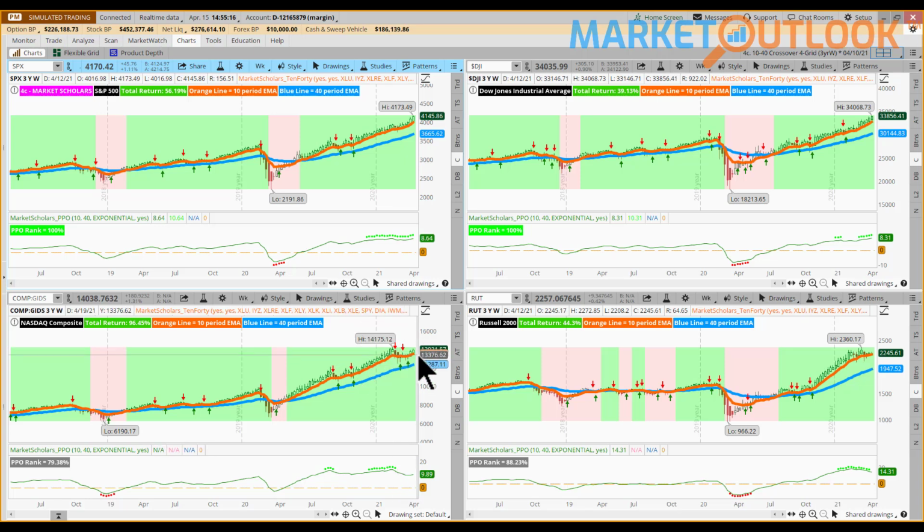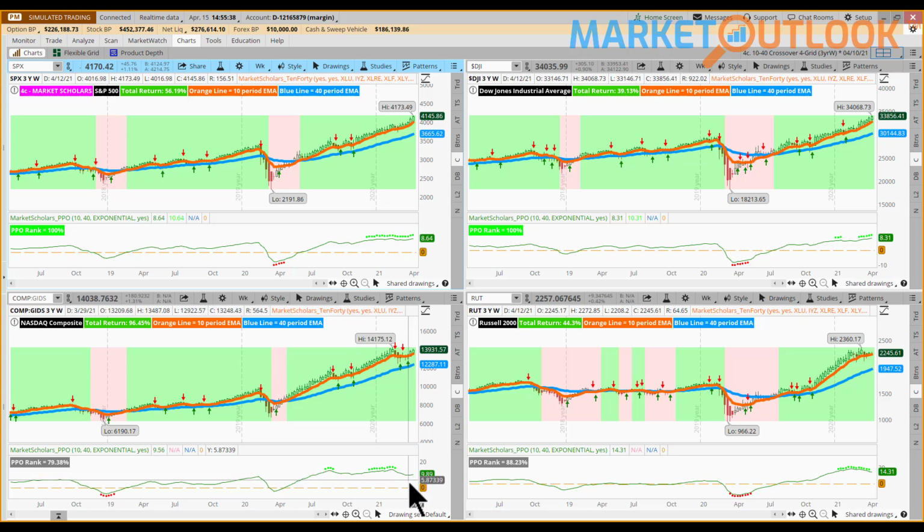So the good news is it was able to kind of gather itself and start rallying higher here again, and we're not quite to all-time highs, but we've rallied enough in the last 3 or 4 weeks where we've stopped that decline in the orange line. Notice down below, this green line was tilted lower, telling us that this orange line was going back down towards the blue line.